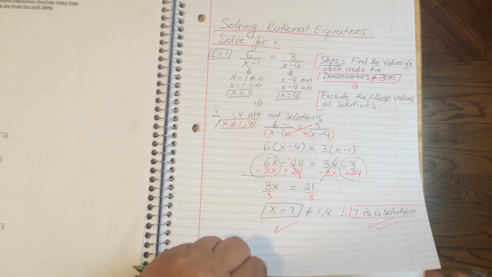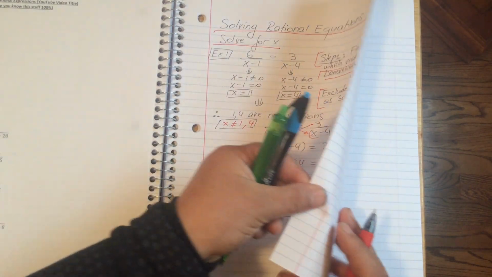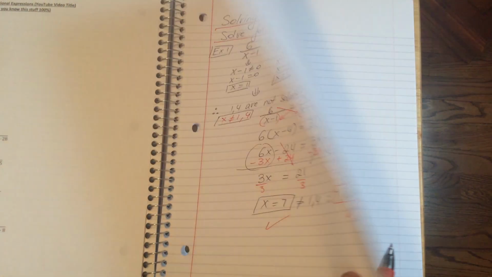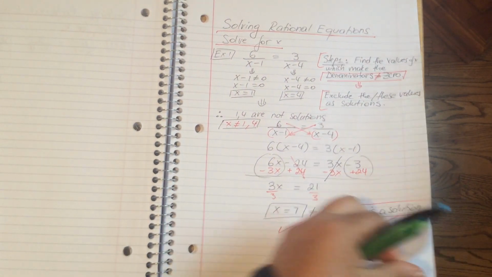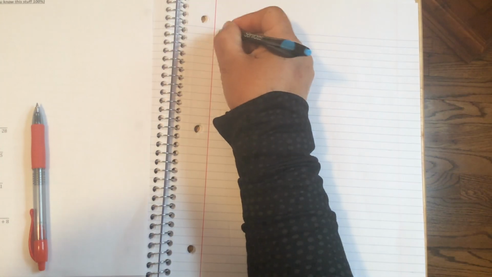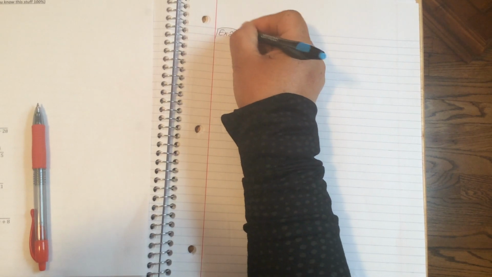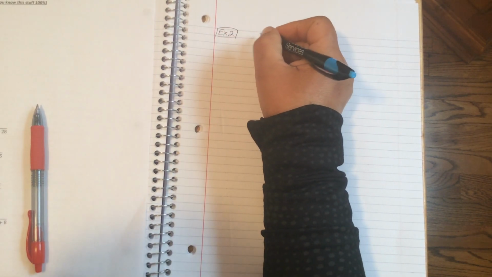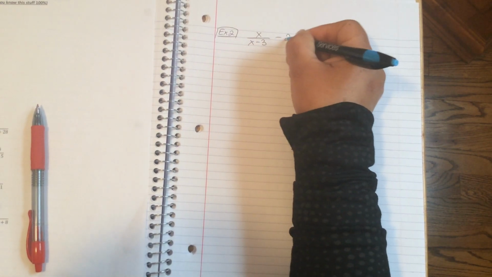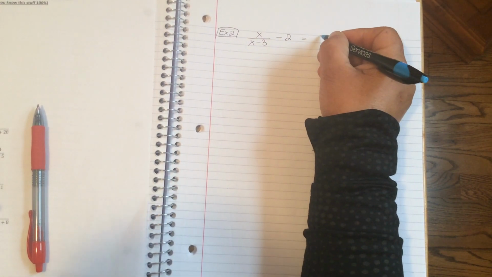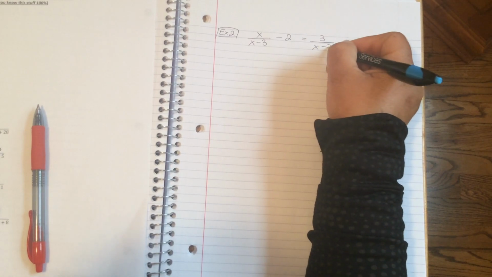Let's go and work on another example. Example 2. I have x over x minus 3 minus 2 equal to 3 over x minus 3.